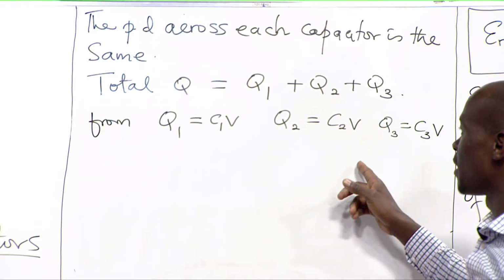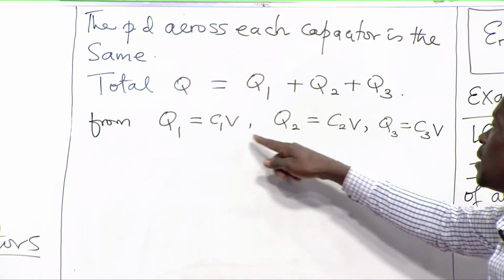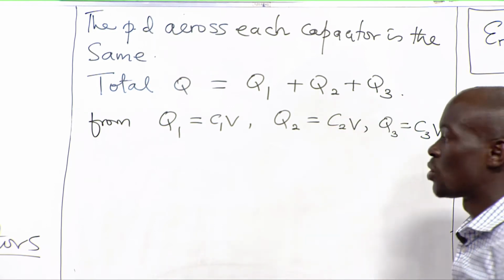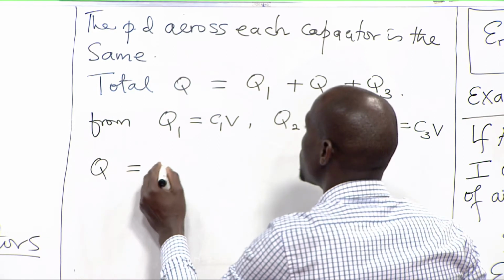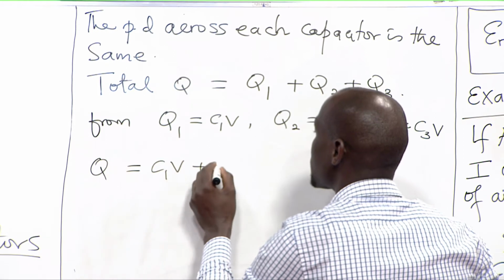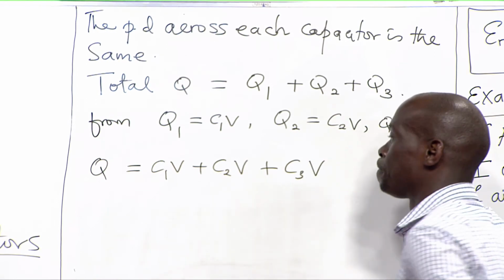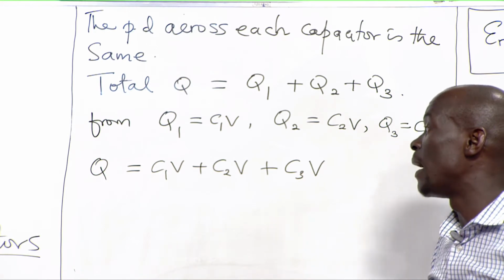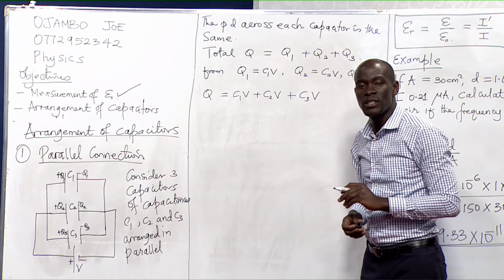So what do we do, therefore? We can now go ahead and substitute each of these into the equation we already have. So I can therefore say Q will be equal to C1V plus C2V plus C3V. But since V is the total PD and it is a common value, I can therefore go ahead and do what?